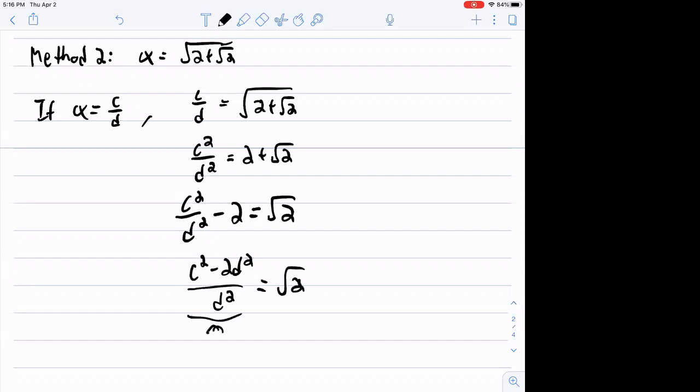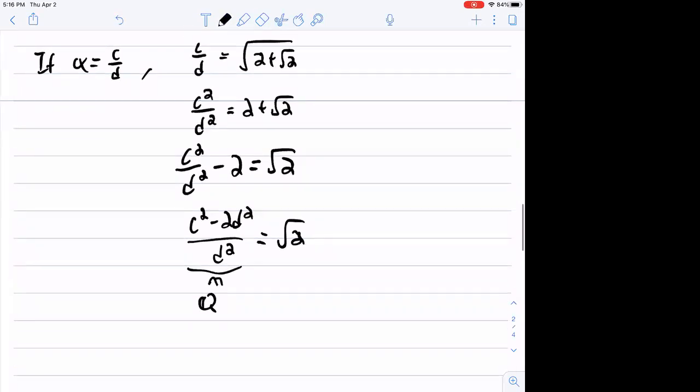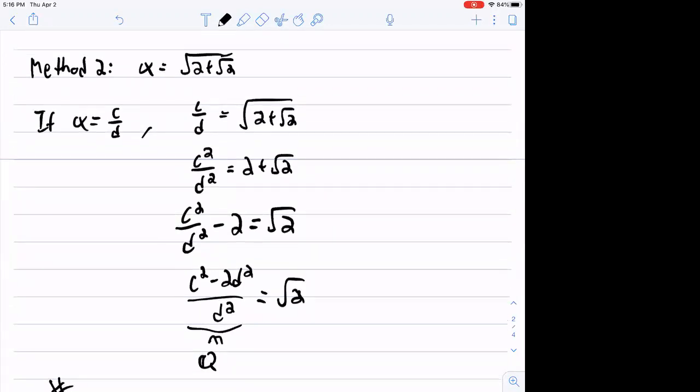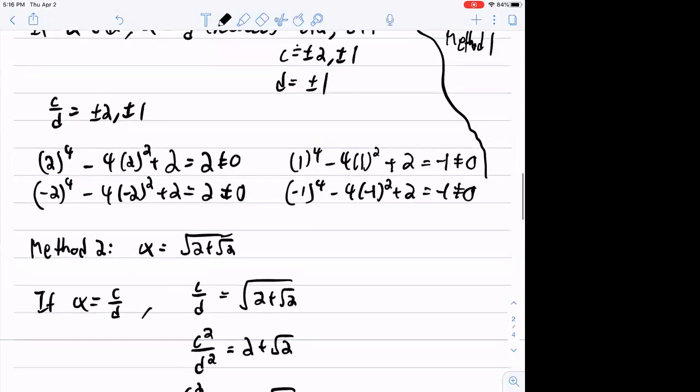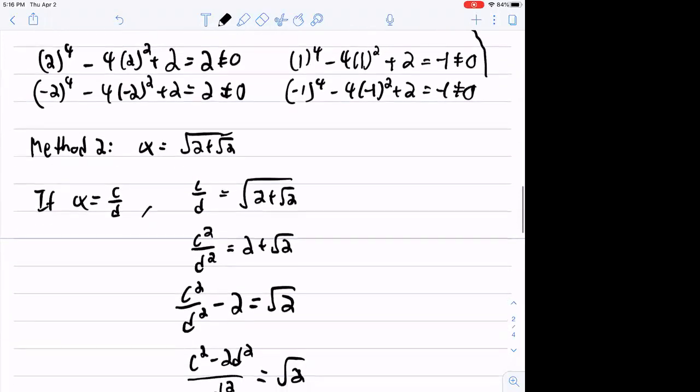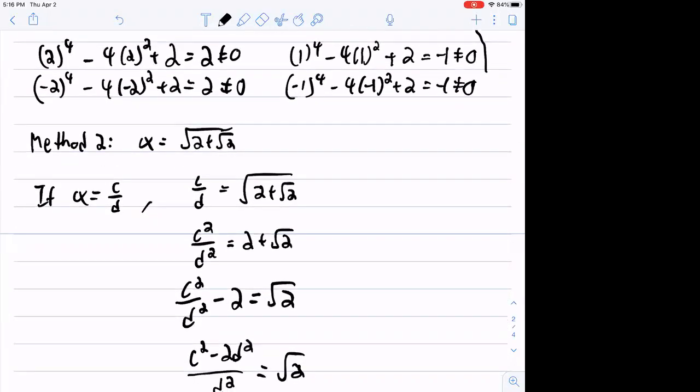The top is some combination of integers and the bottom is an integer, so it's still rational. This belongs in Q. And we showed before that root 2 was not rational, so we get a contradiction. This cannot happen. Either way you want to do it, I find this easier. If that works for you, then yeah.